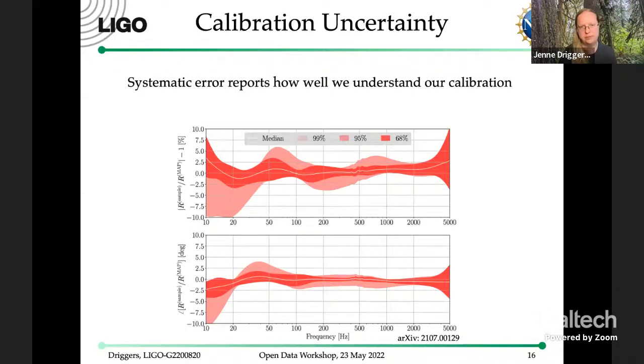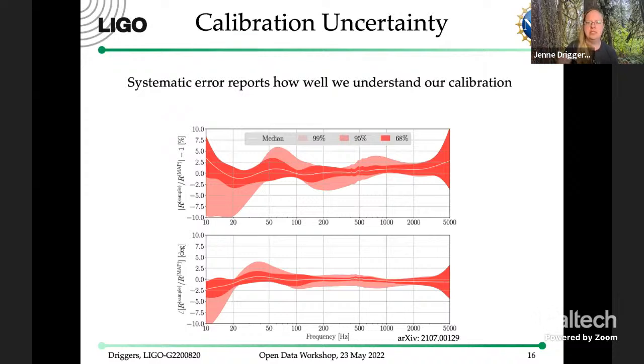We know very well how well we understand our calibration. These calibration uncertainties are folded in when we analyze our data to try to understand the astrophysical parameters of the objects that created a gravitational wave source: for example, the masses of the black holes or neutron stars or whatever other object, how far away that gravitational wave source is, and other parameters.